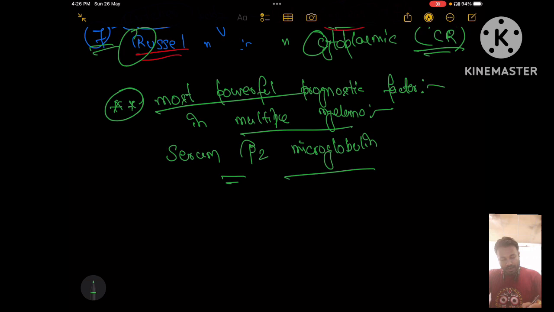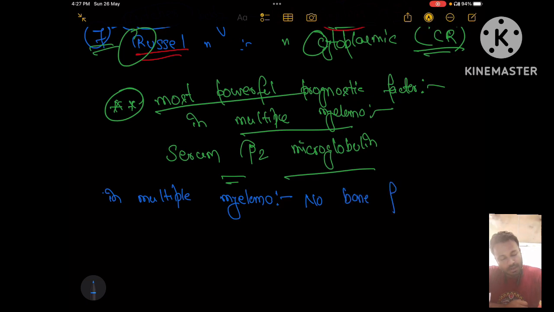Here is an important point in multiple myeloma. In multiple myeloma, there is no bone formation, only bone lysis.